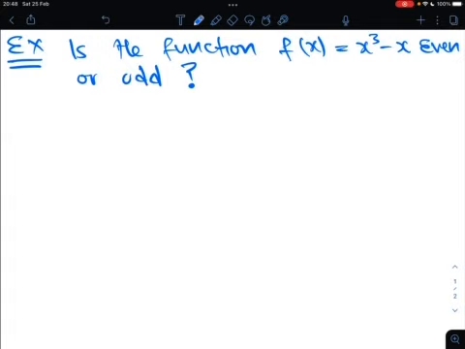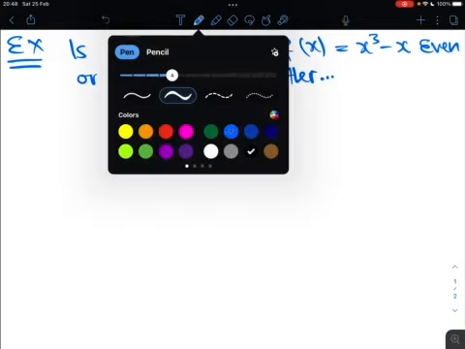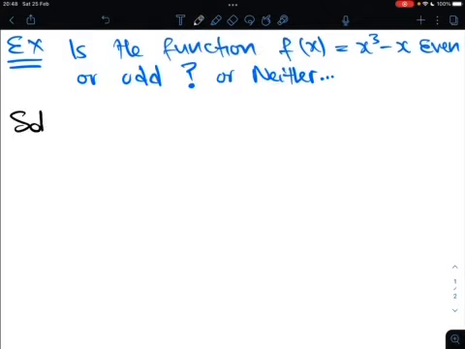These are typical problems that you can get in an exam, where they give you a function and they want you to check if it's even or odd, or even neither. So there is a possibility of neither as well. So how can we test if this function is either even or odd or neither?